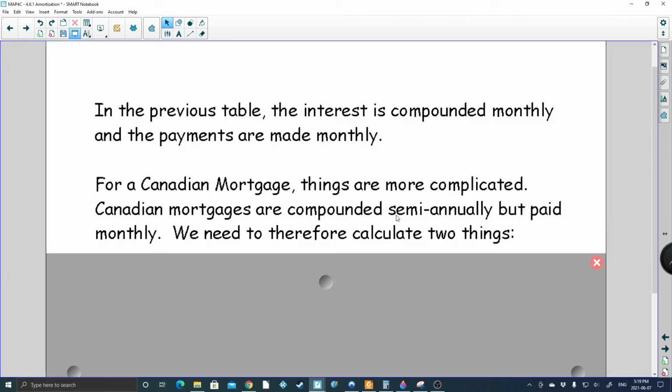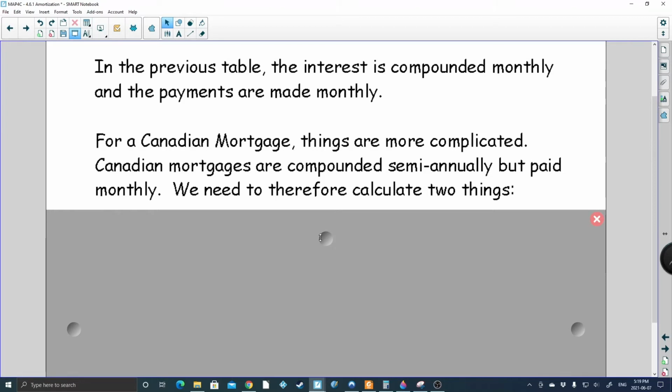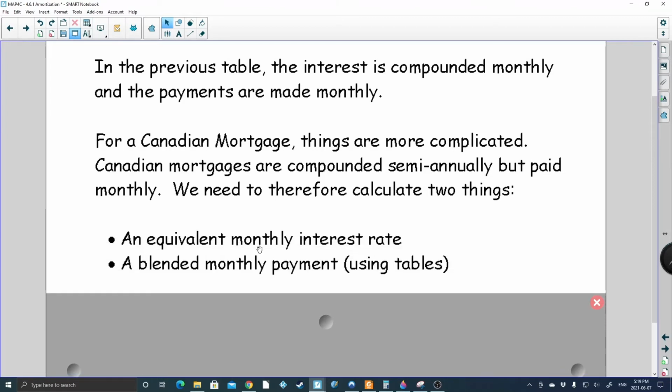We're going to take that compounded semi-annually and paid monthly, and transform it into what we call an equivalent payment structure, which means that it'll pretend to be paid monthly and compounded monthly so that we can do the math, okay? And the way we're going to do that is we're going to calculate what's called an equivalent monthly interest rate.